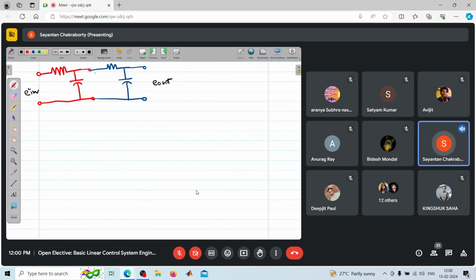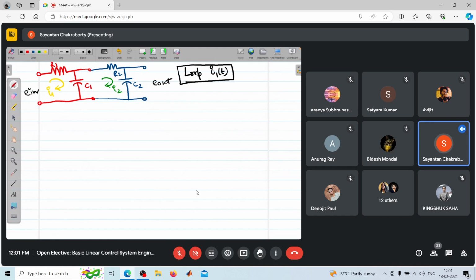We consider two currents here, say I1 and I2, and we already have R1, C1, R2, C2. So I will write down the KVL or loop equations for loop I1.